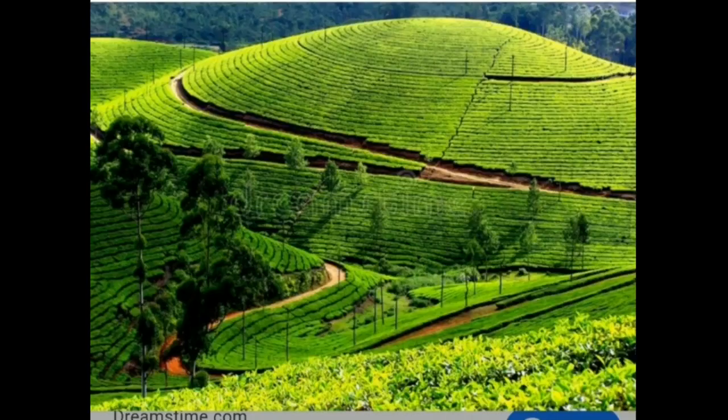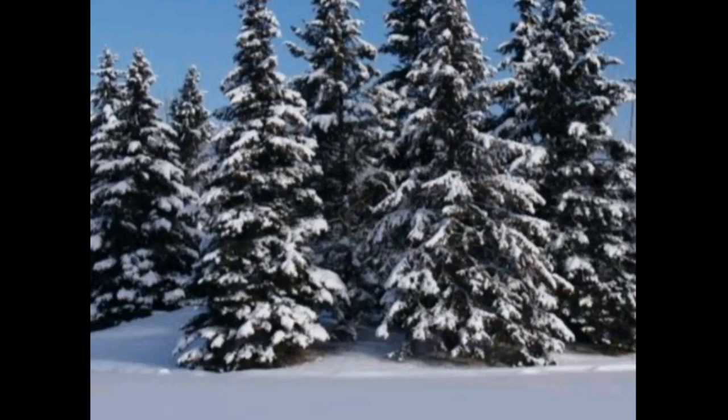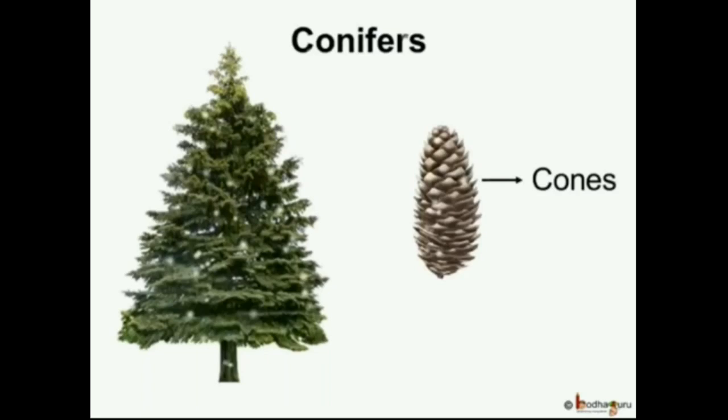Plants on mountains. In the hilly places like Kashmir, Ooty, and Darjeeling, the trees are cone-shaped, tall, and straight, so that the snow can easily slide off. Instead of flowers, they have cones with seeds inside them.